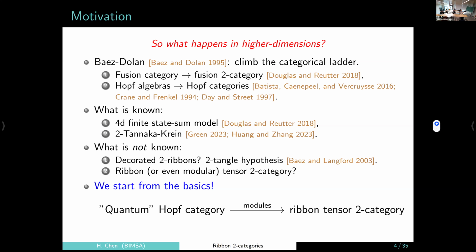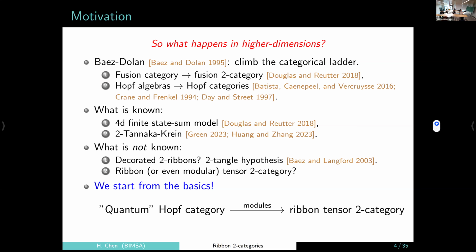But what is not known is, it seems that we know a lot about fusion 2-categories, but what we actually don't know a lot about are these ribbons, these higher notions of ribbon structure. So how do we understand them? These higher ribbon structures touch upon this 2-tangle hypothesis.